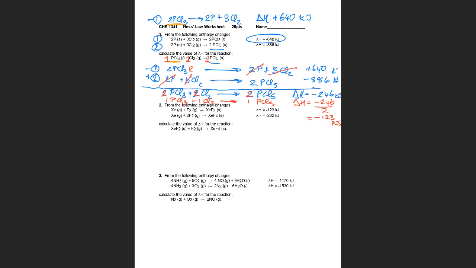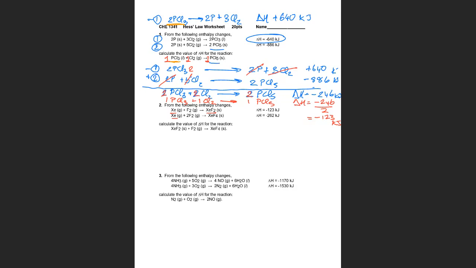Look at the wording, the phraseology in question 2, and you'll see that's another Austin, Waco, Dallas question. It says, this is the energy to turn xenon into xenon difluoride.